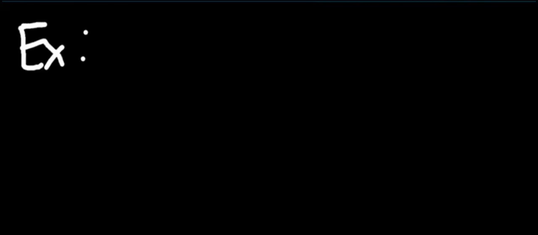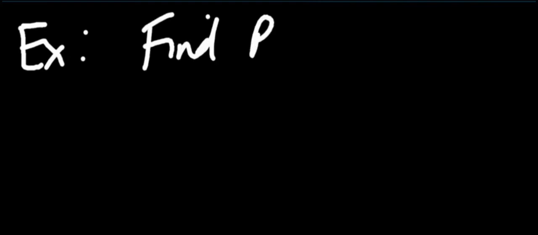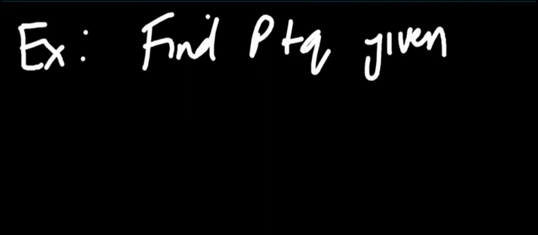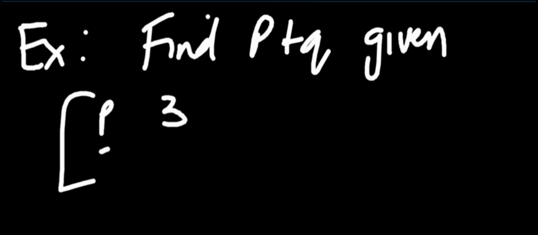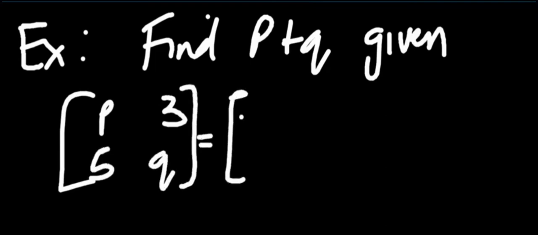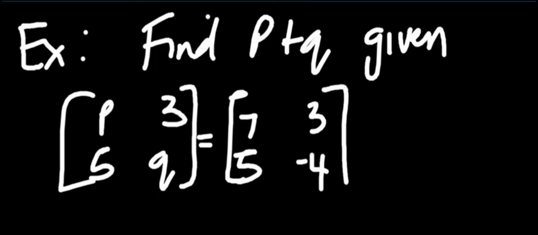So what do we have? We have find P plus Q, given that P is 7, 3 and Q is 5, minus 4. So let's solve this.